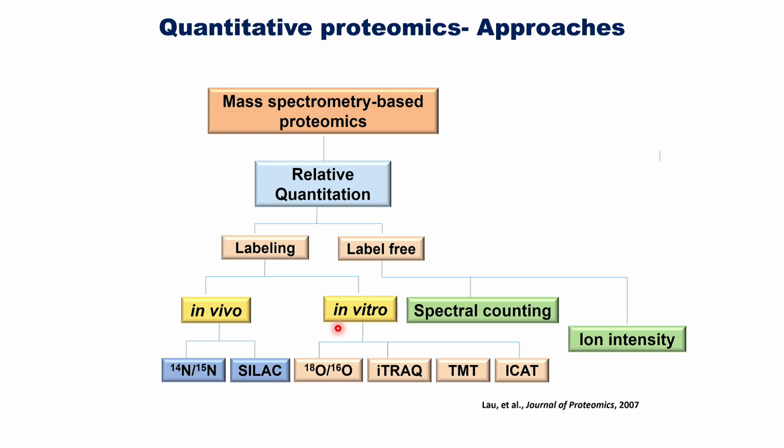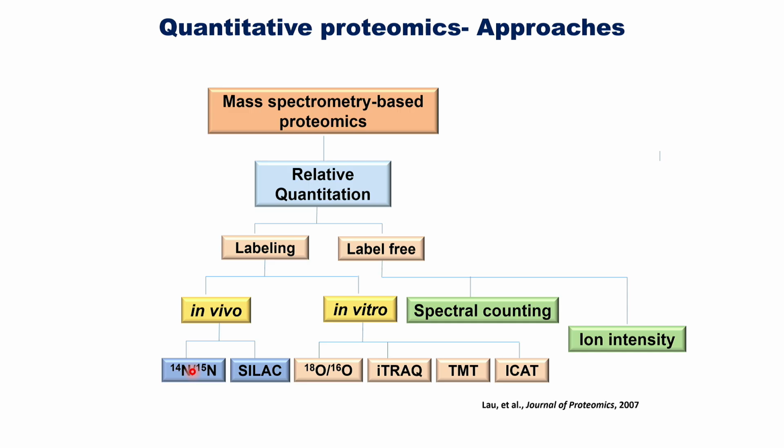So then you culture it, and in the culture media, our media is normal, while when we do the in vivo labeling, we use heavy and light isotopes, and usually on the lysine, so N14 and 15.